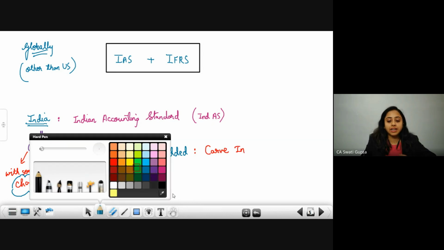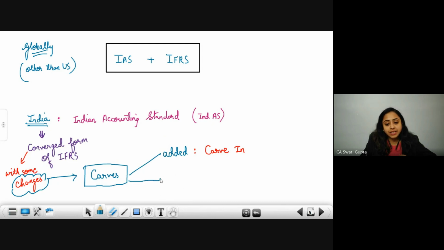Whereas if something has been removed while preparing Ind AS, this means it is present in IFRS and IAS, but some clause, some provision, some rule, guideline has been removed from Ind AS, then we call this change a carve out.